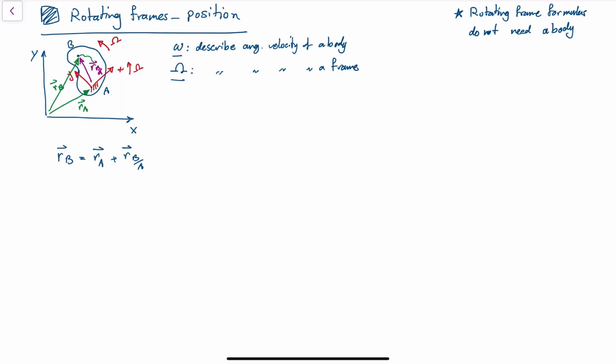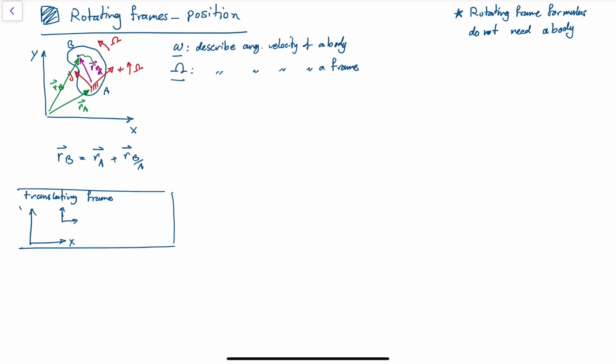However, there is one little point that I want to mention here. Let's take a quick detour to translating frame. Before we had the base frame and the little frame, and the little frame was always parallel and remained parallel.